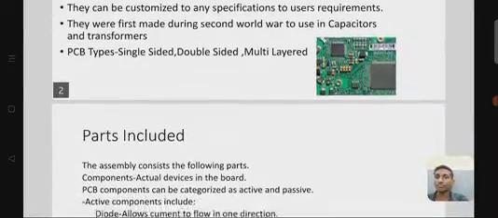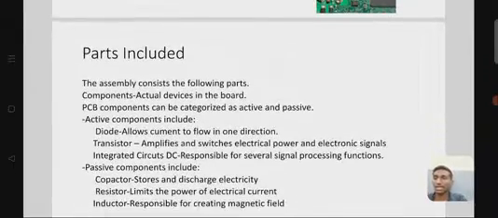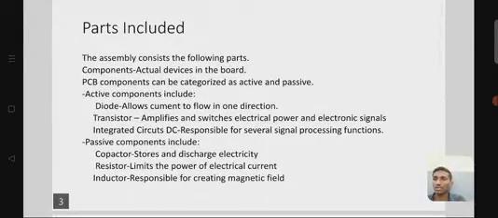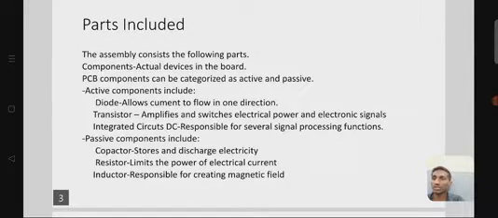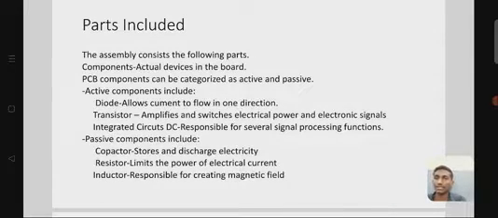In PCBs, the assembly consists of parts like components, the actual devices on the board, and the PCB itself. Components can be categorized as active and passive.